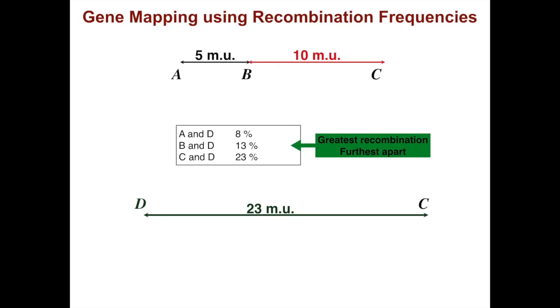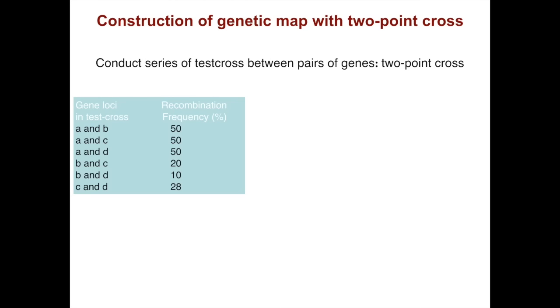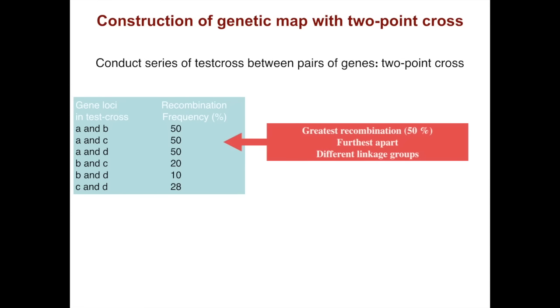And using the data also from B and D and A and D, you can construct a genetic map like this, where D is on the left, A and B are in the middle, and C is on the right. So D was very useful in figuring out the order of these genes in the linkage group. So you can construct a genetic map using multiple two-point crosses. Here we have A and B, A and C, and A and D all with 50% recombination. So that means that they are the furthest apart and probably on different linkage groups.